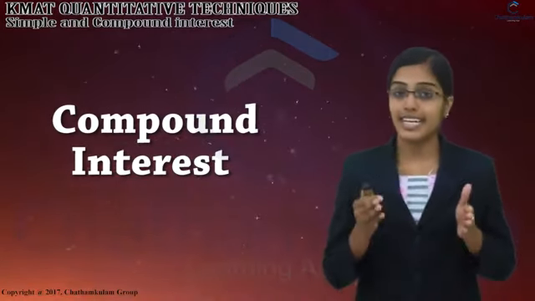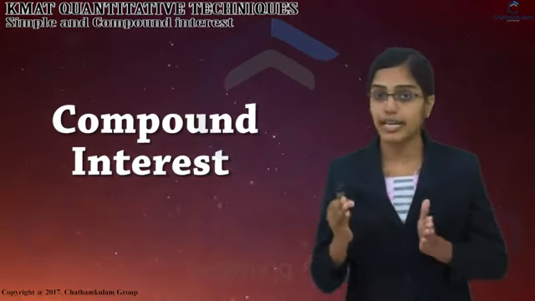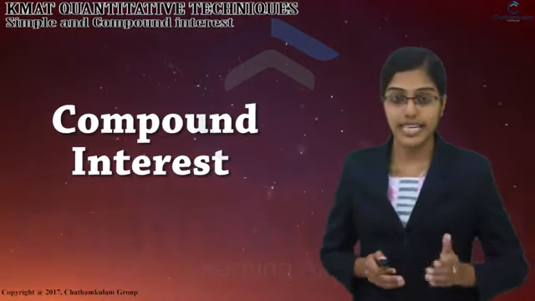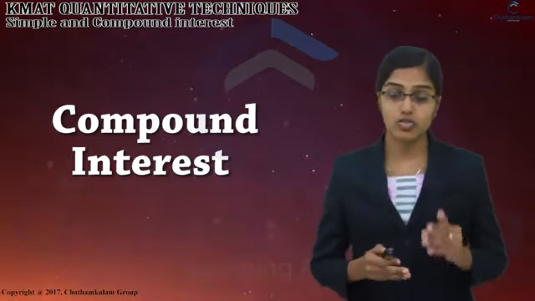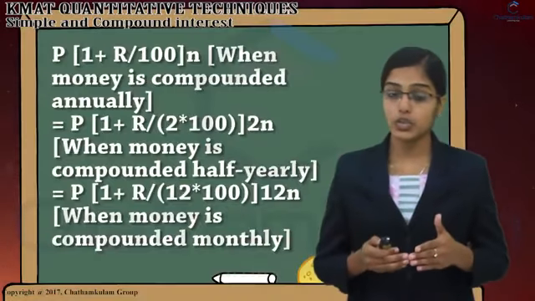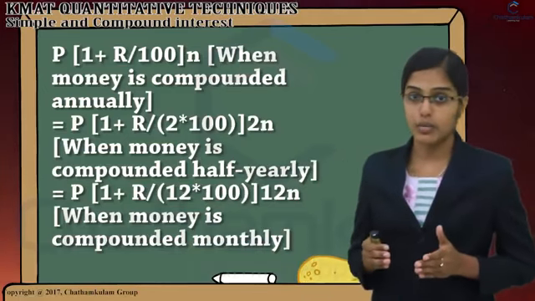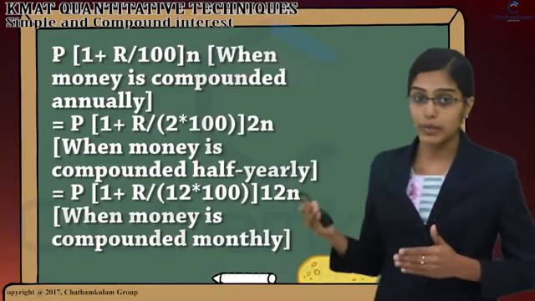Note that the interest for the first month is the same in both simple interest and compound interest. From the second month, the interest starts changing. Next, we have to discuss the compound interest formula. P into 1 plus R by 100 whole raised to n when money is compounded annually.